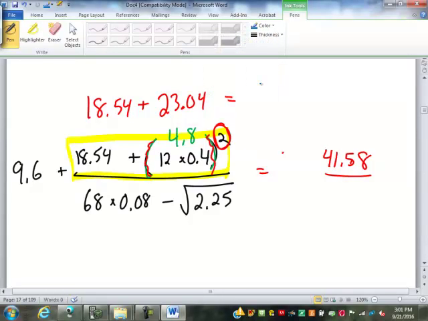So now we have to do the bottom. What do we have to do first on bottom here? Square root. Square root of 2.25 is 1.5.